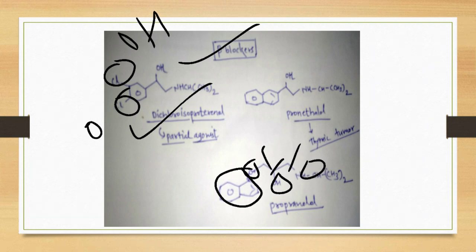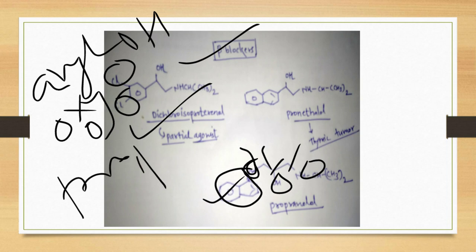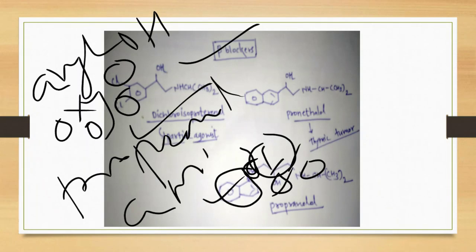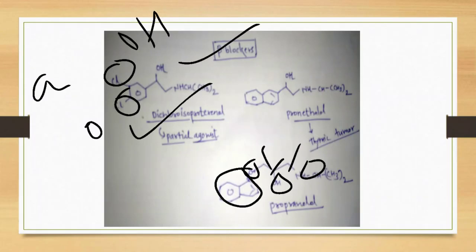So such a class of drug is called aryl, as in aromatic group, then oxy as oxygen, propanol as a 3-carbon propyl chain along with the hydroxy, and finally amine. It is the prototype of the drug class called aryl oxypropanolamine.